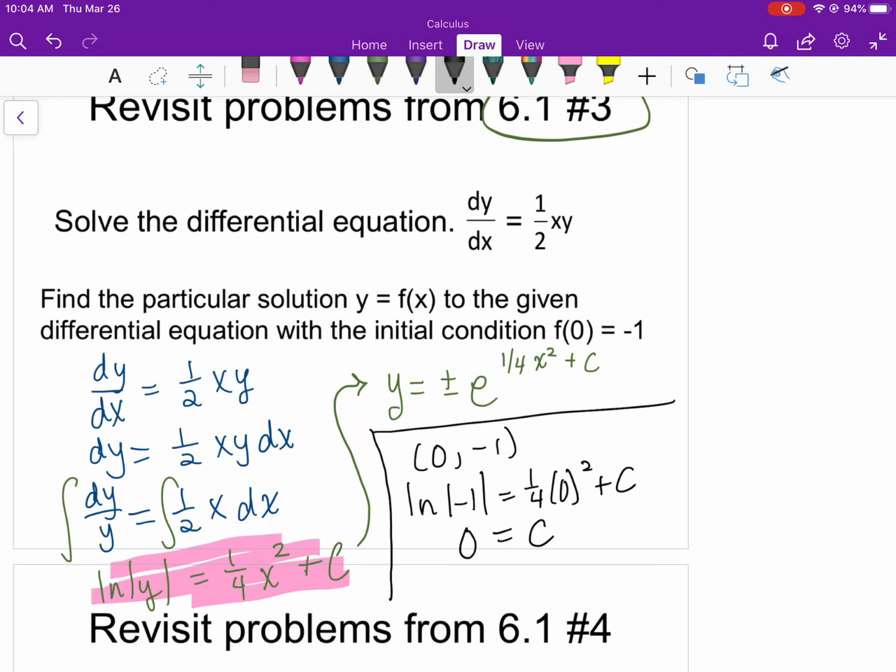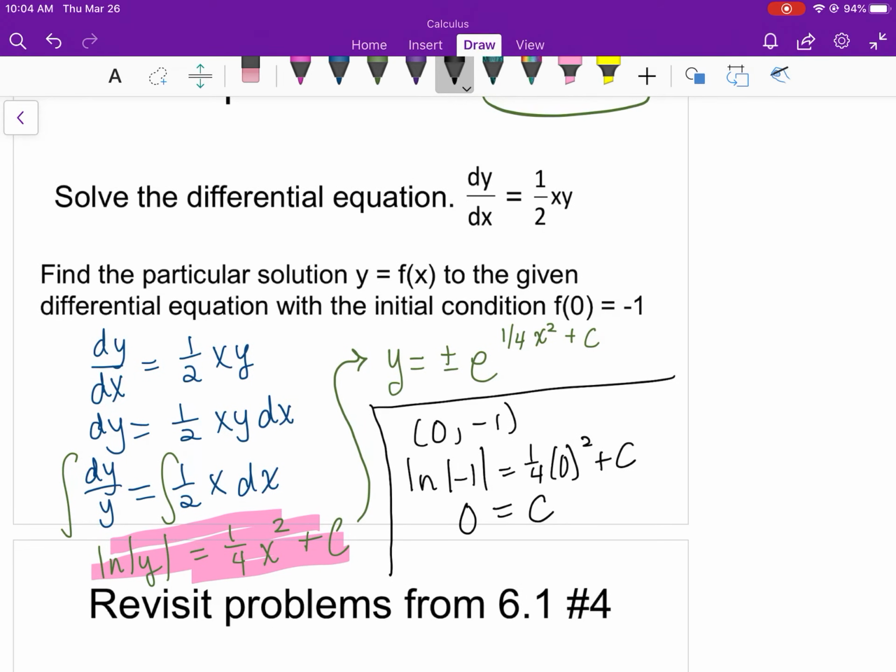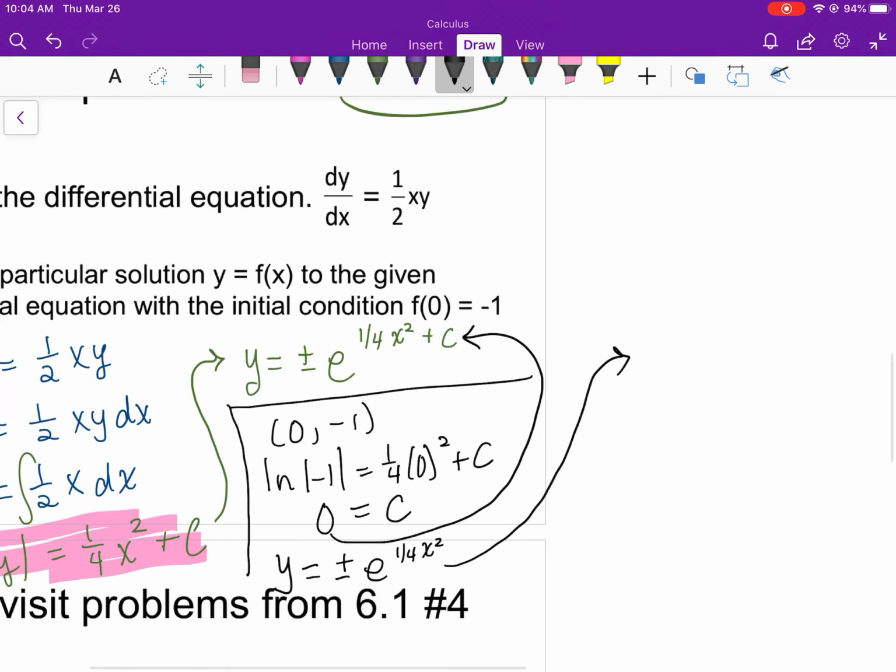Again, c is not always going to be 0. Then I plug that in right there. Okay. And then I have to figure out which equation supports the ordered pair 0, -1.